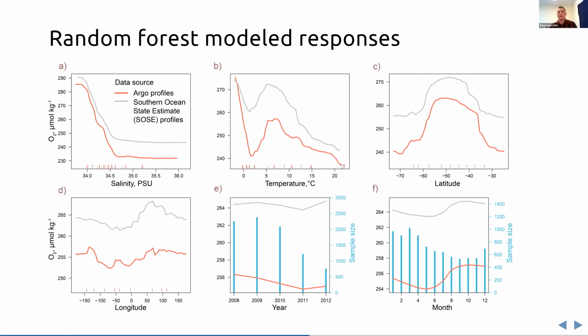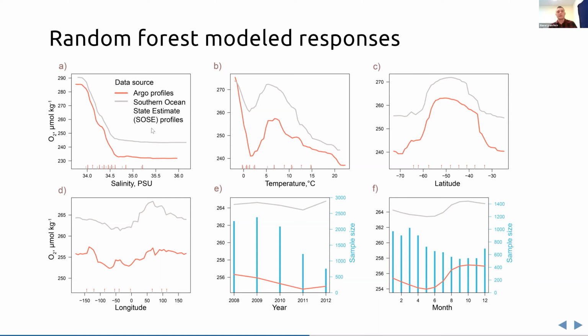Since the method was new for the oceanographers, we also had to prove that it was working, and we evaluated the skill of the method using another set of data. We fit random forest in parallel to two types of data. One is Argo profiles, which is the observed data.